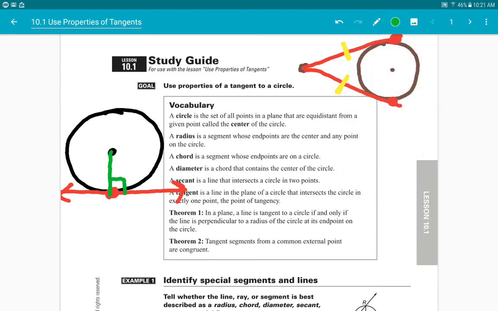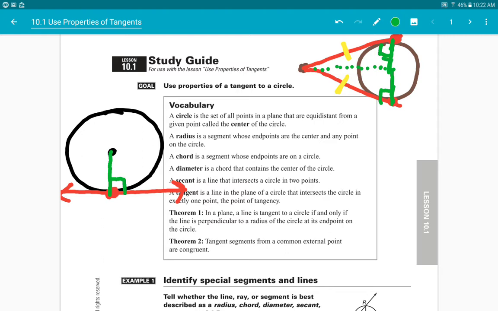Now, if you need to see a quick proof on why that is: since this line is tangent, I know that this radius is perpendicular, and this one as well. And then if we quickly draw an auxiliary line here, notice that you're going to have two right triangles, and these two right triangles are going to be congruent by the HL theorem.